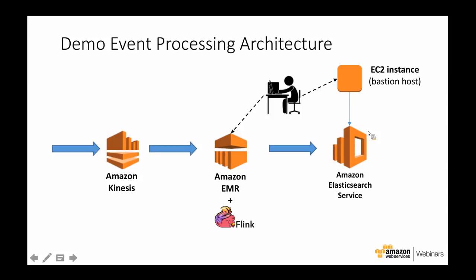We're going to consume the data with Amazon Elasticsearch, and we'll talk about what these services are in case people are not yet familiar. EC2 is our virtualized hosting, and so we'll SSH into that and run various commands, including pumping data into the stream transport, and also leveraging that host to do some visualization.